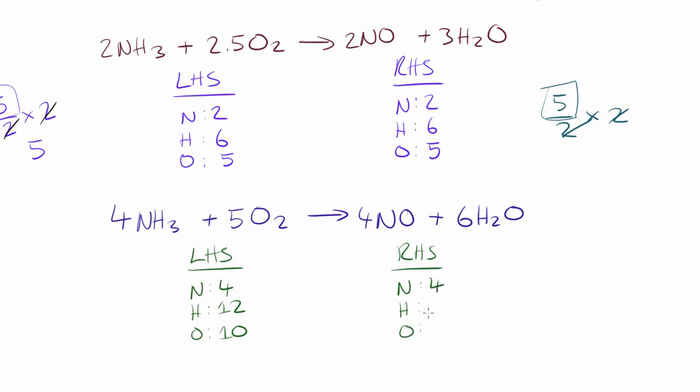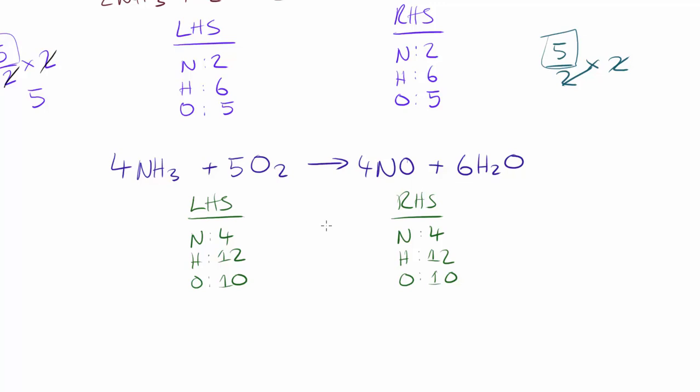So it's going to be 4, 12, 10, right? If you want, you can double check that, but that's basically what we've done. And as you can see, it's still balanced across nitrogen, hydrogen, oxygen.